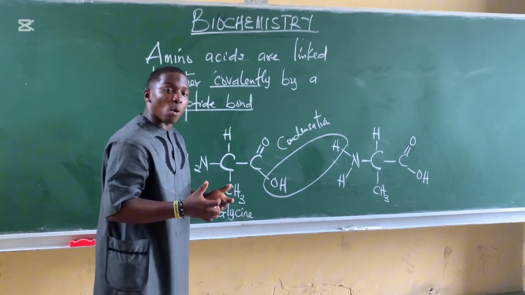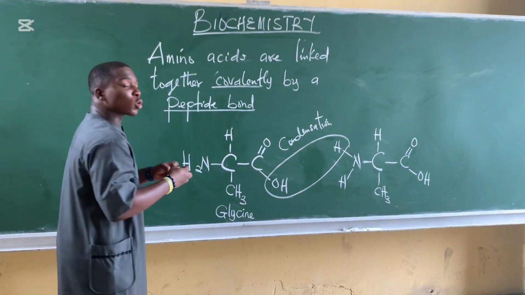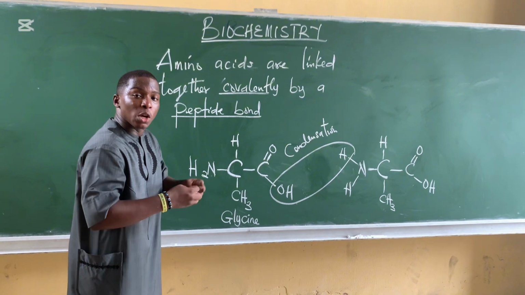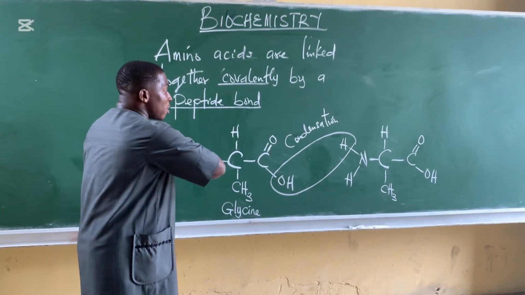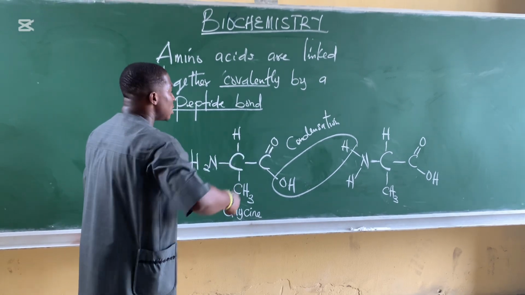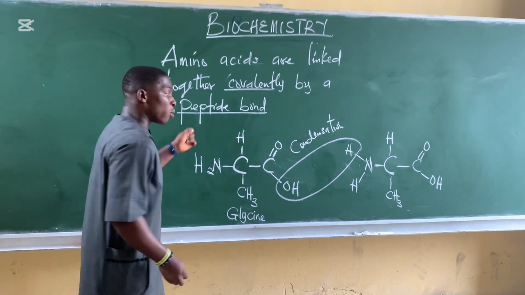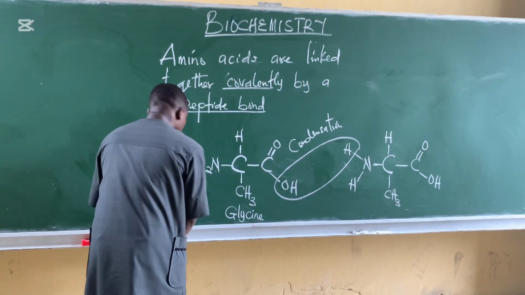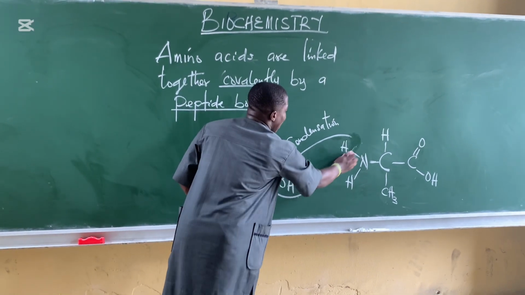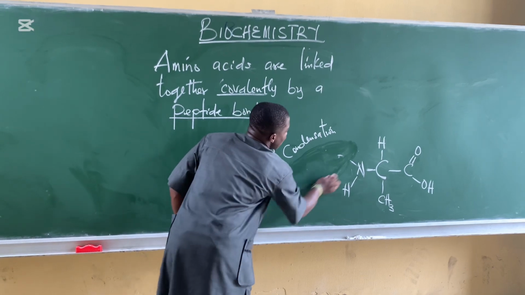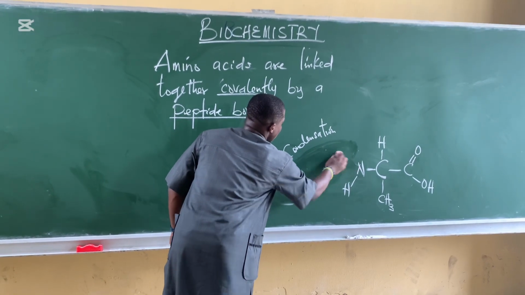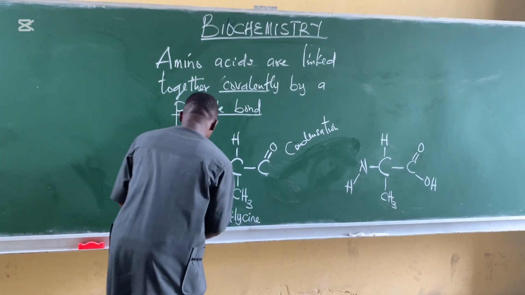Remember, the peptide bond is a bond that links 2 or more amino acids covalently together. The bond that links them covalently is called a peptide bond. So when there is a condensation reaction, we have loss of water, elimination of a molecule of water, and this leads to the formation of a peptide bond.